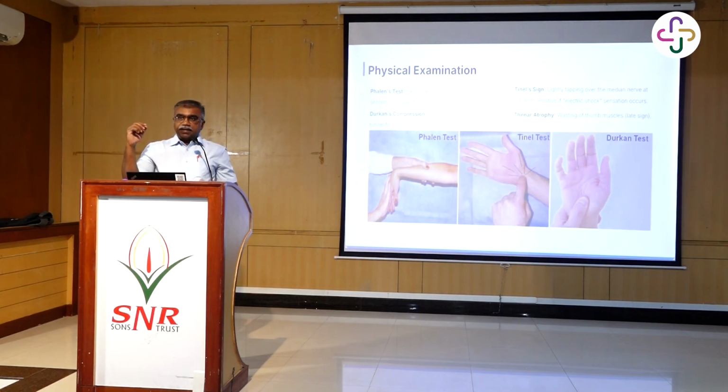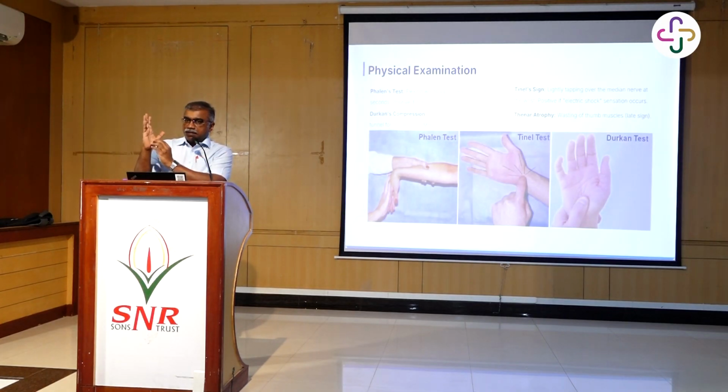And the Tinel sign is when you tap on the hand and there is an electric shock passing through. So it need not be here, it could be even further distally, or it can be even proximally if it is a late case. So these are the clinical signs that can be elicited in the clinic. Then the most important thing is you look for the thenar muscles.